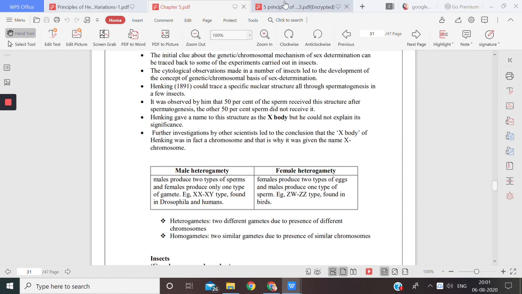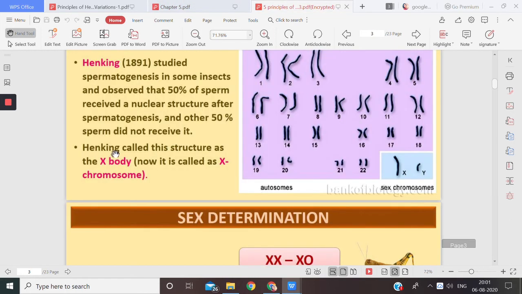I hope I am clear that Henking called the structure an X body, and later on we called it the X chromosome. So X chromosomes are the ones which have the nuclear structure. The other 50% of the sperms did not receive any nuclear structure.